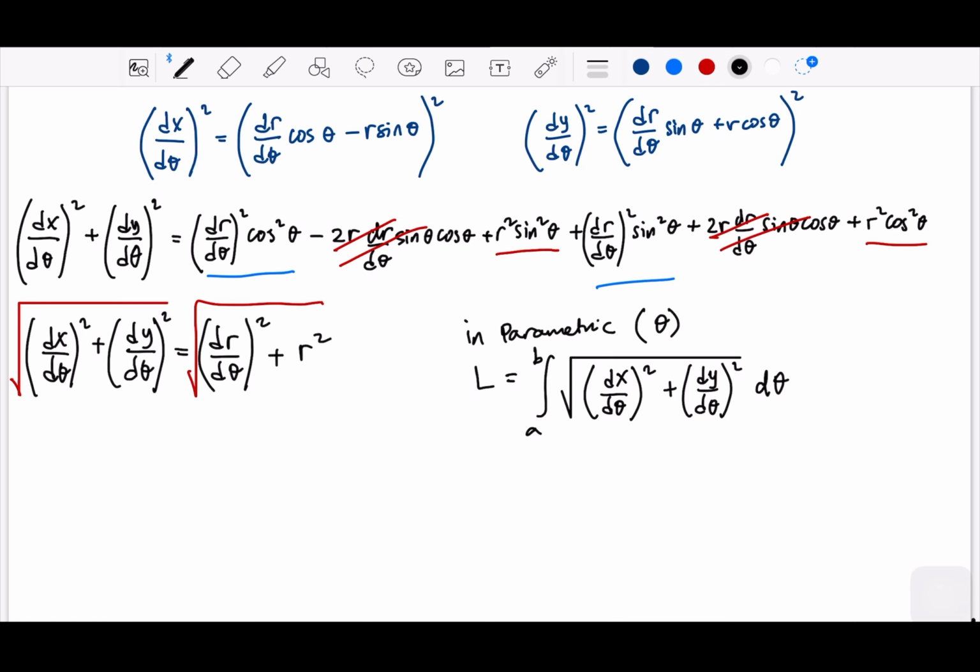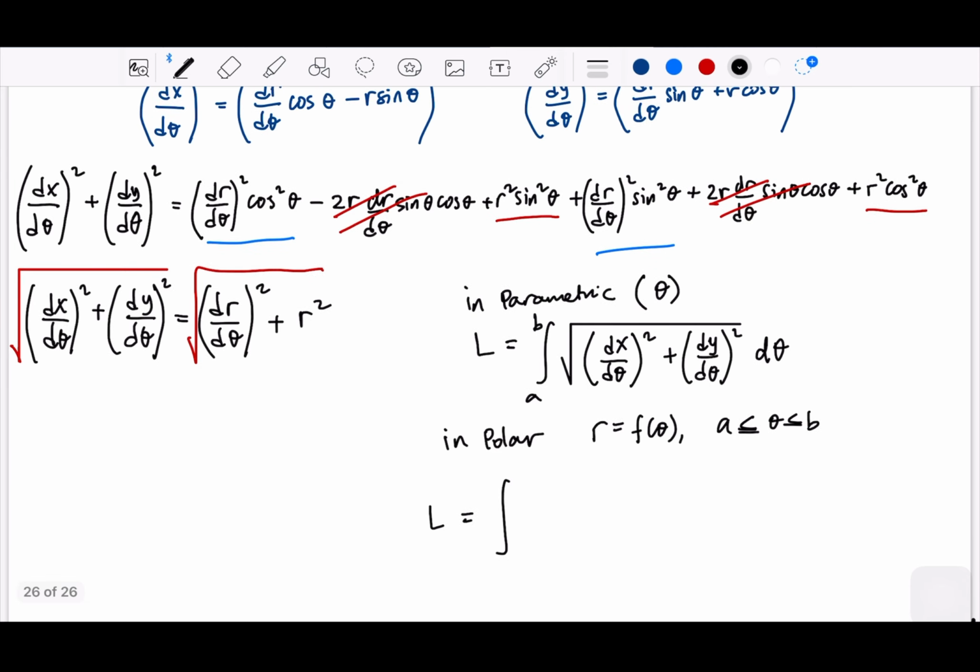The t with t, okay, the same thing. Now in polar, where r is a function of theta and theta is from a to b, now the arc length becomes r squared plus dr over d theta squared d theta.